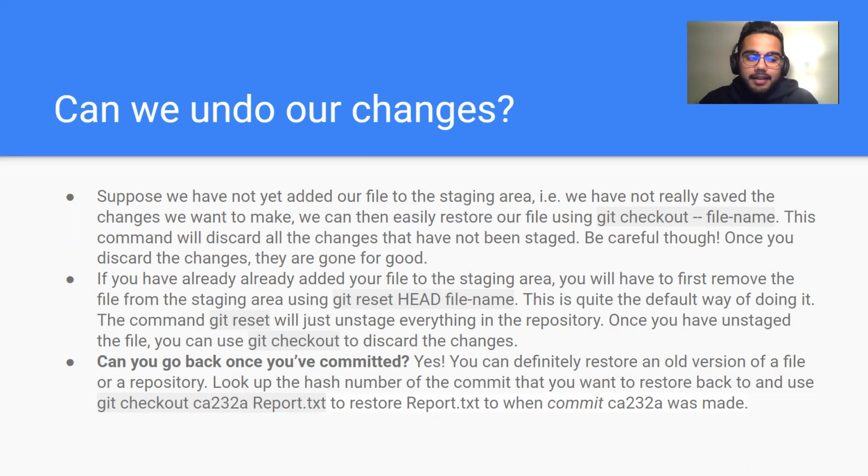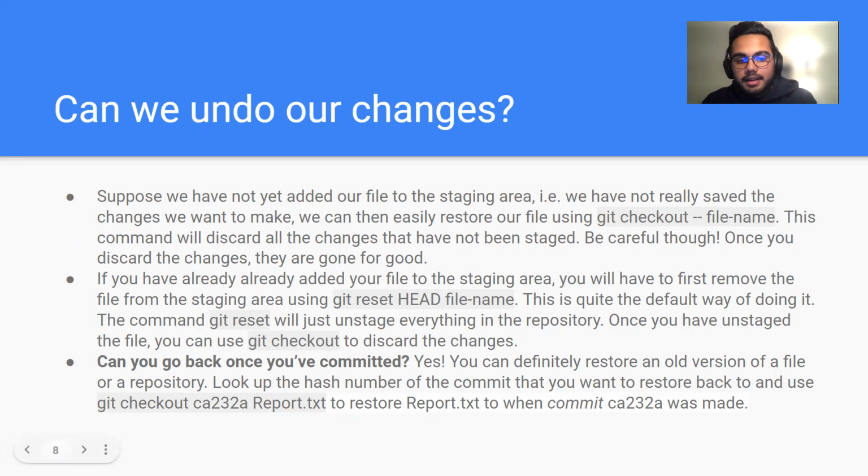Let's just say you've committed your changes. Is there a way for you to go back to a previous version of your repository? There definitely is. You'll have to look up the hash number of the commit that you want to restore back to, and that can be done using git log.